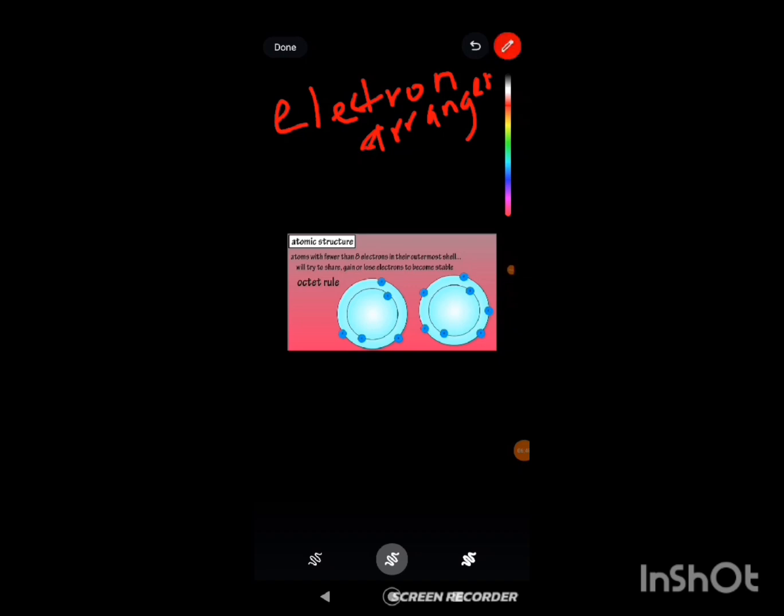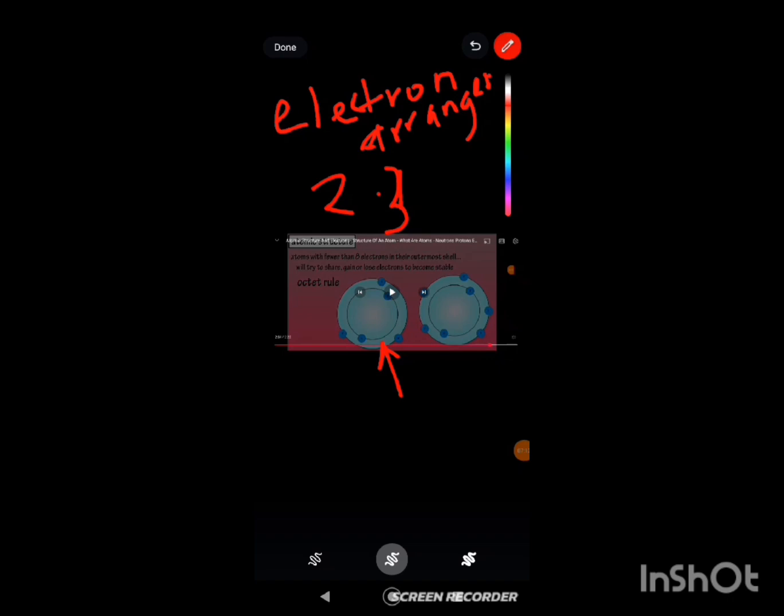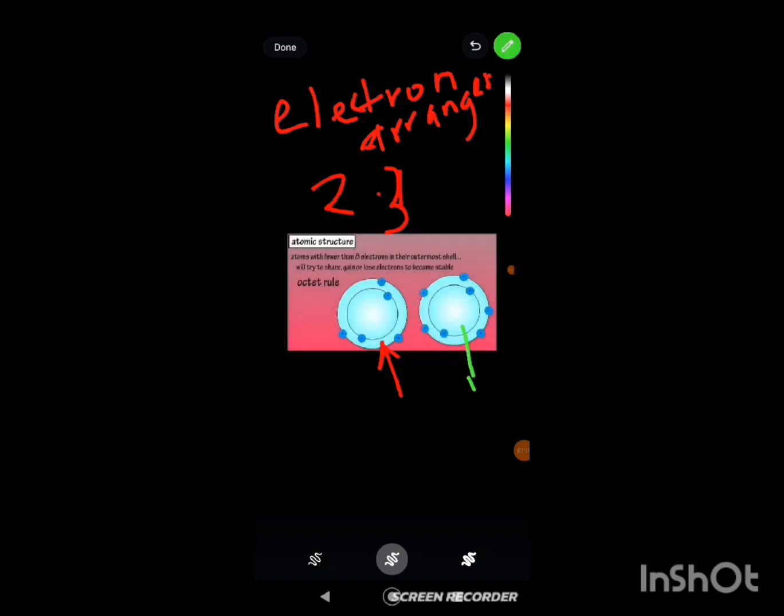The outermost energy level is occupied by electrons, like in this case, which has 5 electrons. The innermost has 2 electrons, and the outermost has 3 electrons, while the one next to it, the inside, has 2 electrons. The outside has 1, 2, 3, 4, 5 electrons.